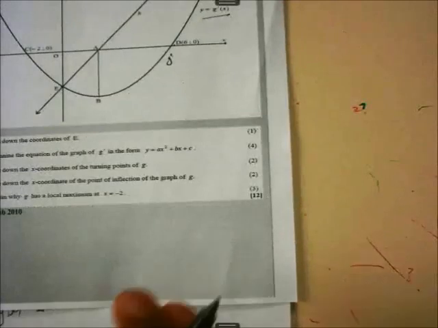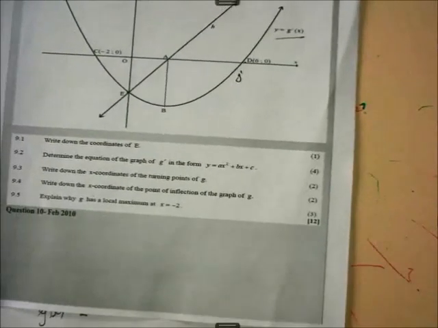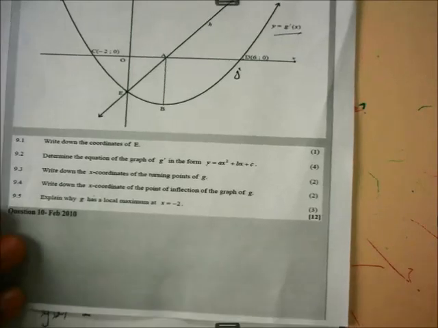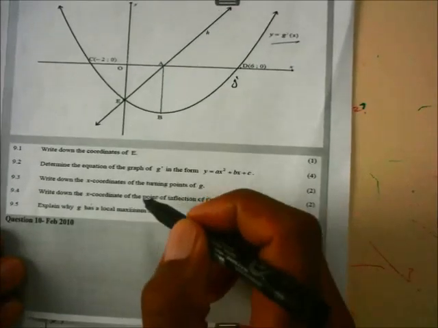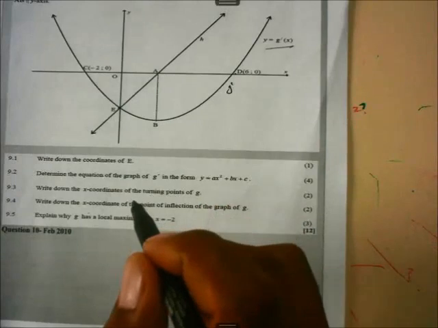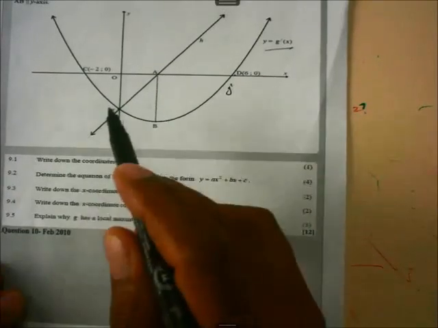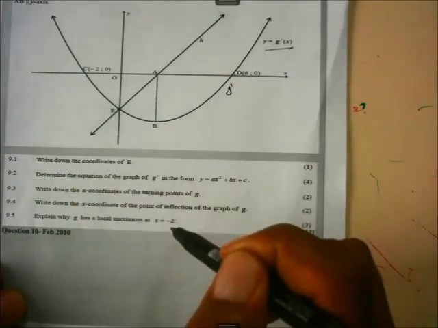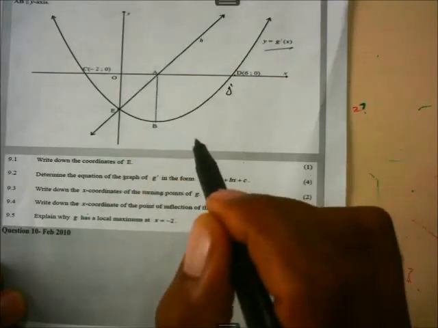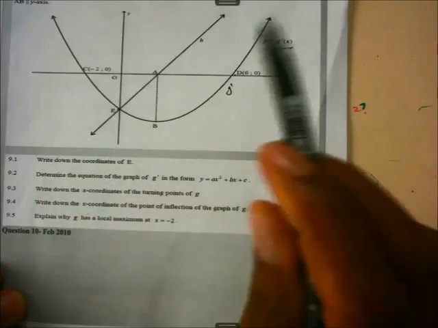Okay, boys and girls, now in closing, we have 9.5 that says explain why g has the local maximum at x is equal to minus 2. Remember, we will have the maximum value if the graph increases first and decreases after, or we'll have the minimum when it decreases and then increases.